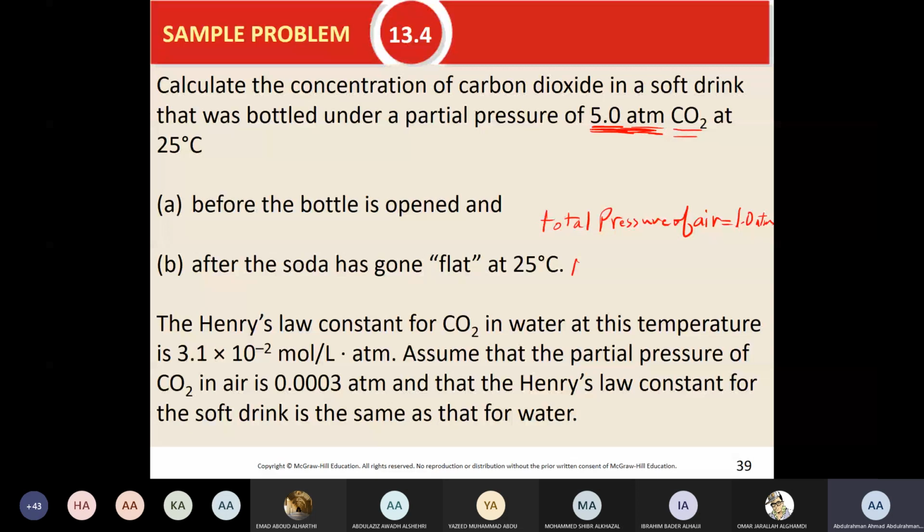But this is the pressure of N2 plus pressure of O2 plus pressure of CO2 plus pressure of other gases.